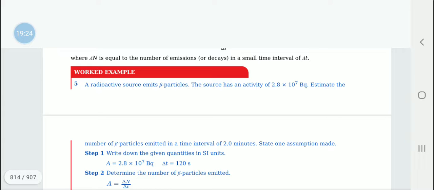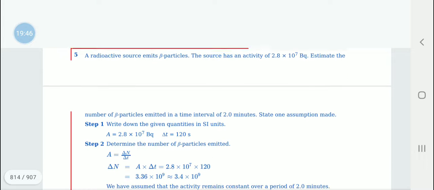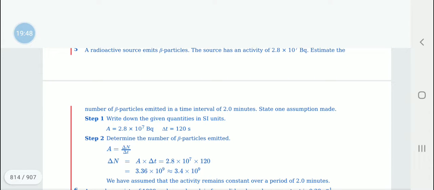The activity has been given in becquerels. If we write down the values given, it is going to be really easy for us. A = 2.8 × 10⁷ Bq, Δt = 120 seconds. Then we can figure out how many beta particles are released.